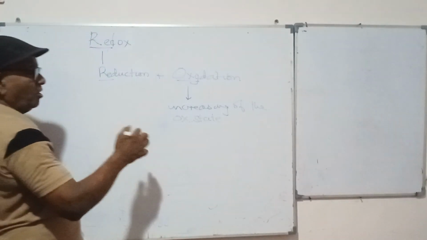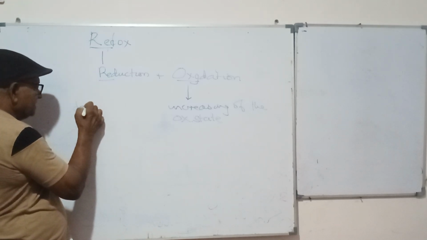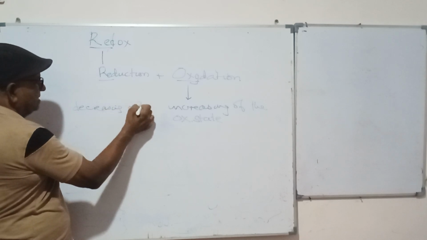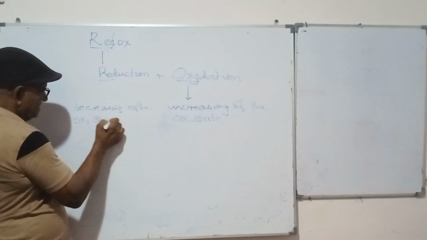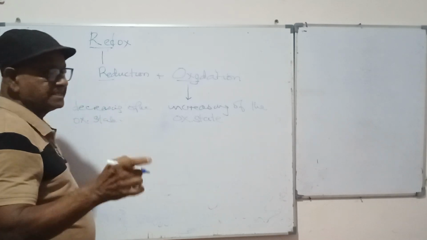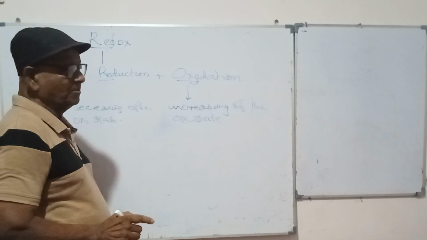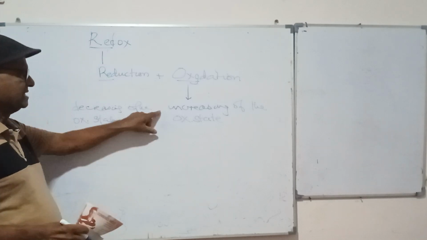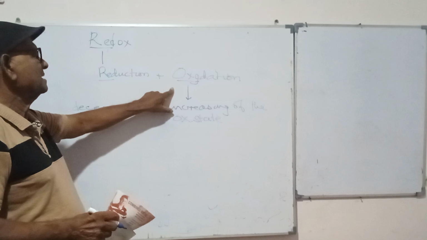Reduction means the opposite of that. Decreasing of the oxidation state or oxidation number of an element. So it is clear that increasing of the oxidation state is the oxidation.